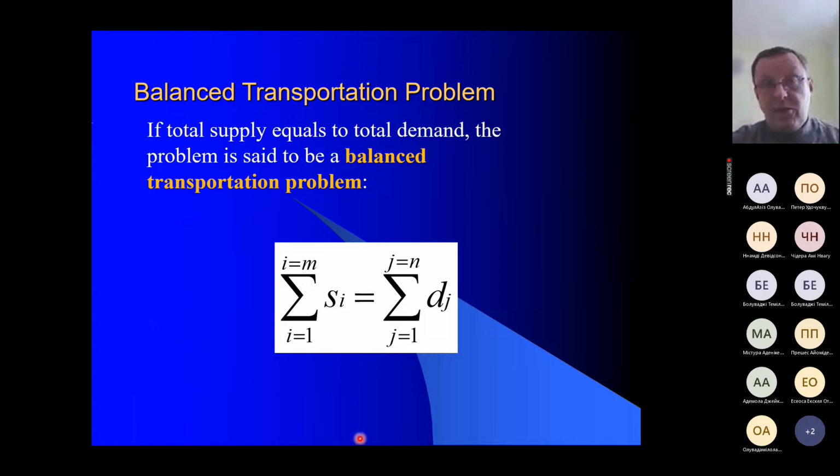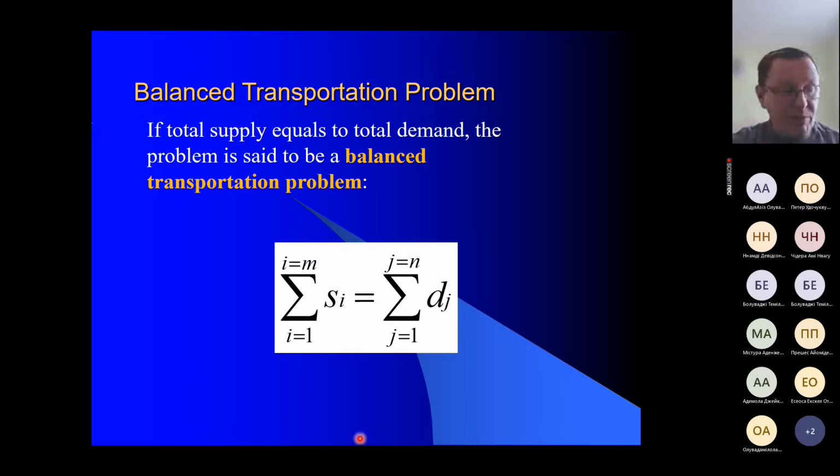There are two major kinds of transportation model available. First is the balanced transportation problem, where most of the mathematical solution is provided. Here we have equivalence between our resources and the requests, so total resource equals total request, total demand.